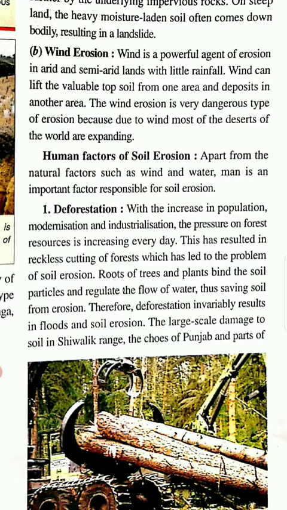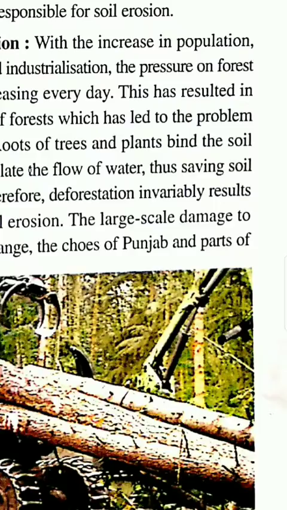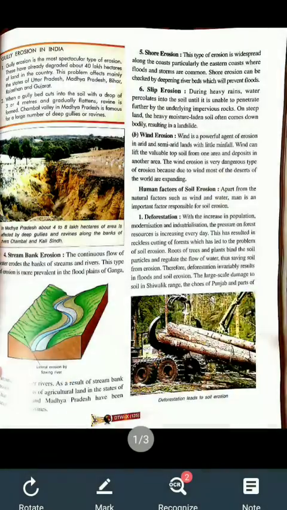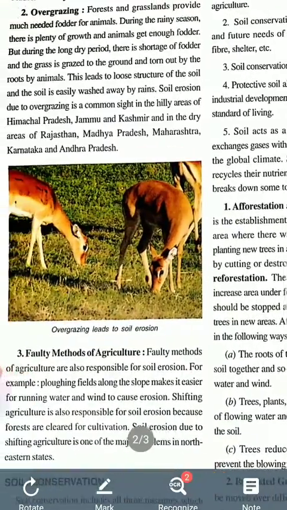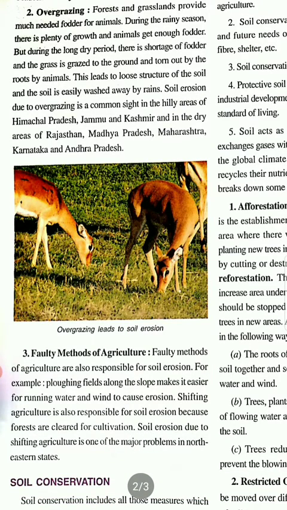So deforestation is the major cause of soil erosion, and the large scale damage to soil in the Shivalik range, the coast of Punjab and parts of Haryana, the ravines of Madhya Pradesh (ravines means barren land), and Uttar Pradesh and Rajasthan are largely due to deforestation. Second thing is overgrazing.